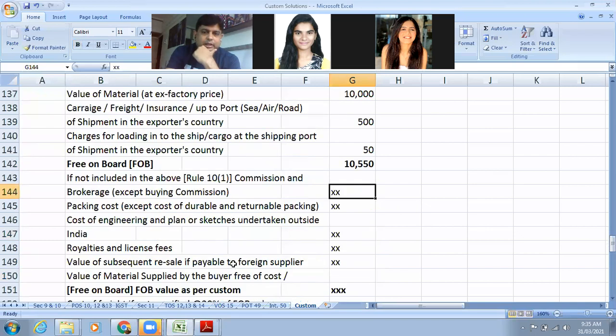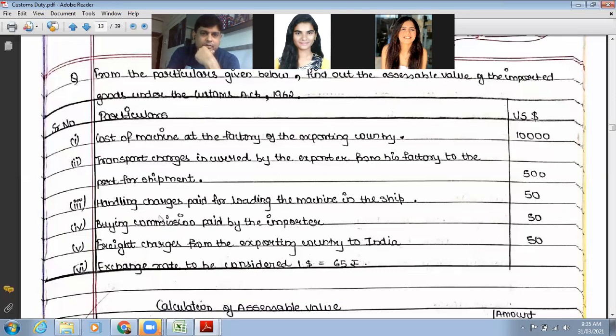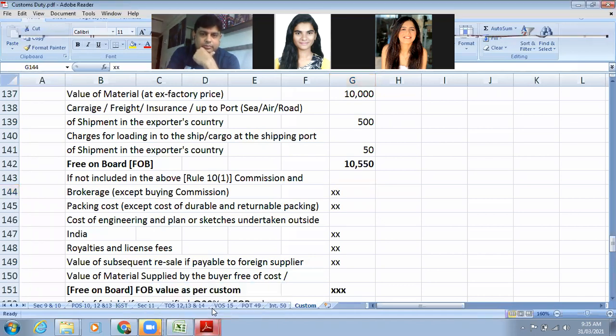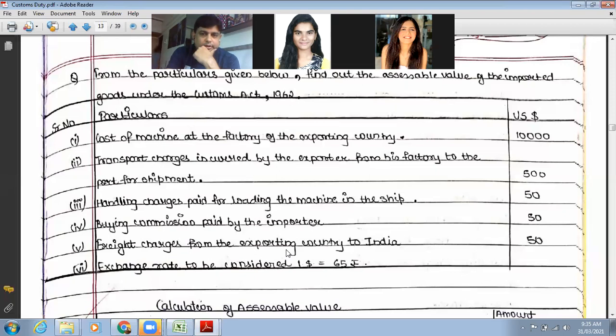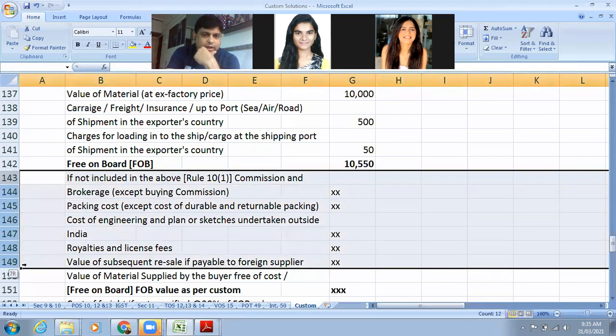Now we will see, is there any brokerage, packing or something like that as per Section 10(1)? Okay, let me check. Buying commission paid by importer. Except buying commission, that will not come. Nothing is there. Then only freight charges are there. So this entirely is not going to help us.